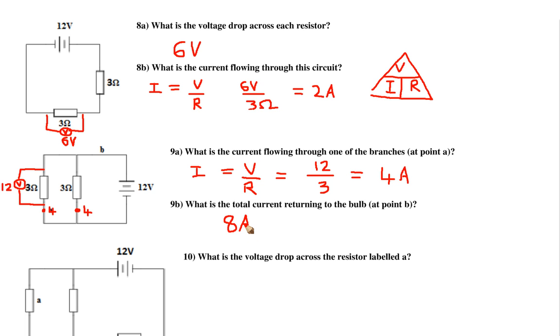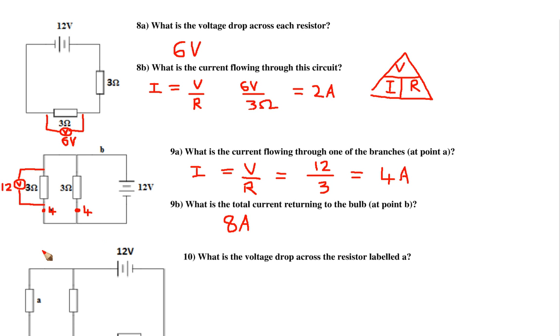So again, it's just applying that knowledge that in a series circuit, the voltage gets split, but the current remains the same throughout the entire circuit. And that in a parallel circuit, each branch gets the full voltage, but the current is split. Half the electrons go one way and half go the other way.